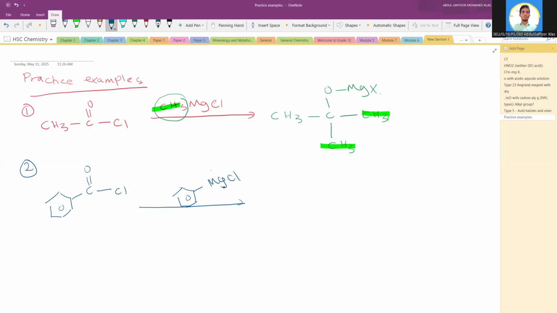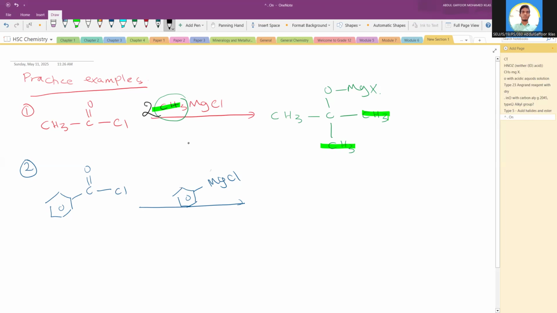Actually, as I explained already, for this reaction we will require 2 moles of CH3MgCl. Why? Because for combining with this oxygen and for combining with this Cl. So we need 2 moles of CH3MgCl to combine with 1 mole of acid halide. That is very important. You can write this in 2 steps also.